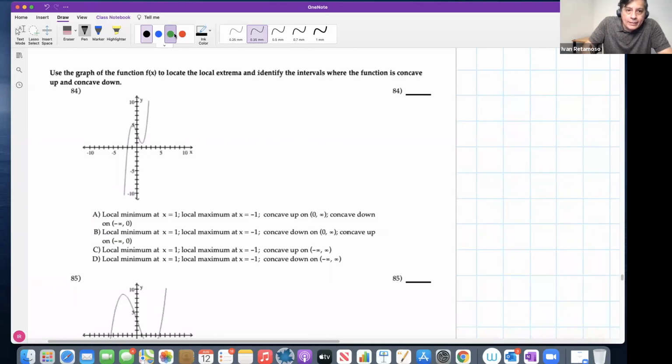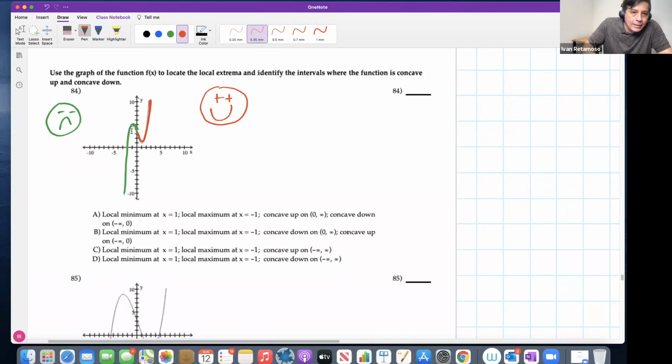We explained that if the graph curves downward, this is called concave down, right? It resembles the mouth of a frown face. And if the graph curves upward, this resembles the mouth of a happy face. So concave down here, concave up here.